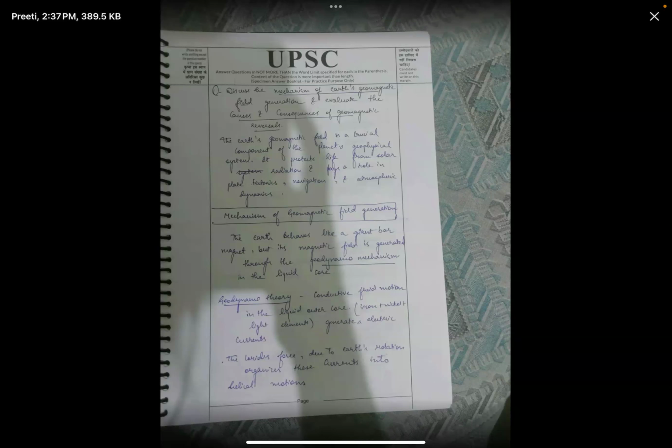Geodynamo theory: convective fluid motion in the liquid outer core. Iron, nickel and light elements generate electric currents. Helical motions.